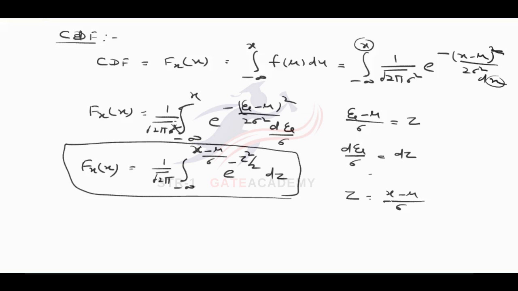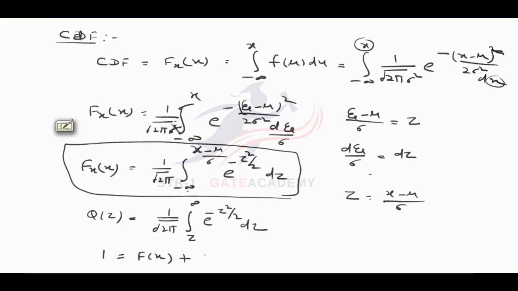This is the CDF, and one more function is there, which is known as the complementary error function Q(z), defined in this way: from z to infinity e power minus z square by 2 dz. So we can write F(x), because this limit is minus infinity to some level z, and z to infinity, both combined together equal 1.